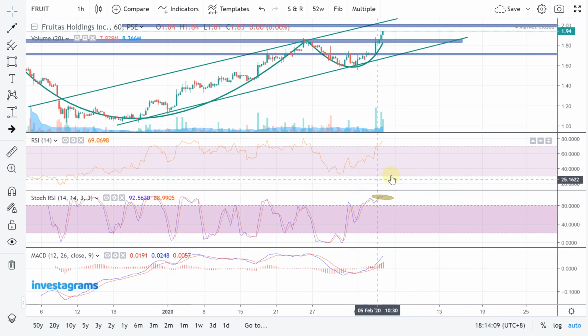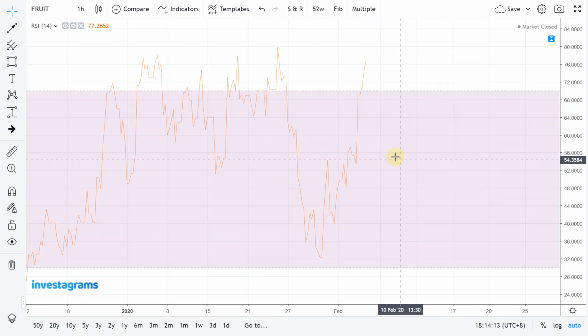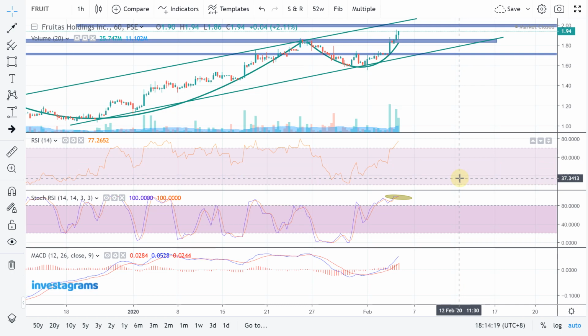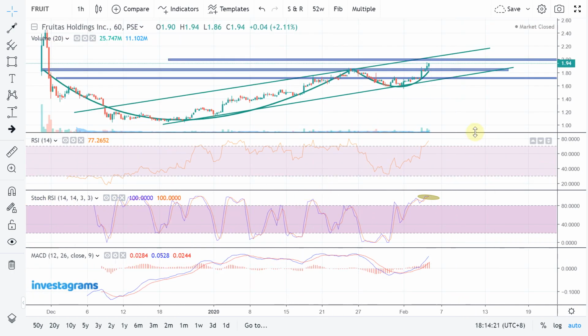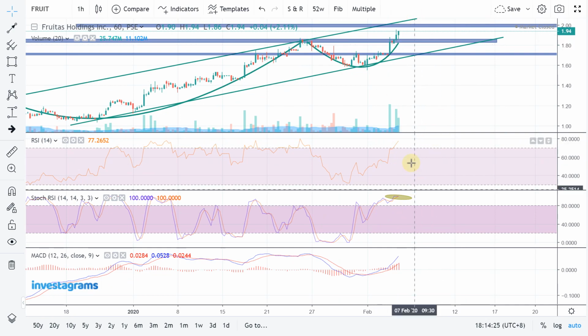For indicators, we use RSI. For RSI, we are already overbought. So hindi na magandang bilhin to guys. Overbought. So possibly magko-consolidate na to.